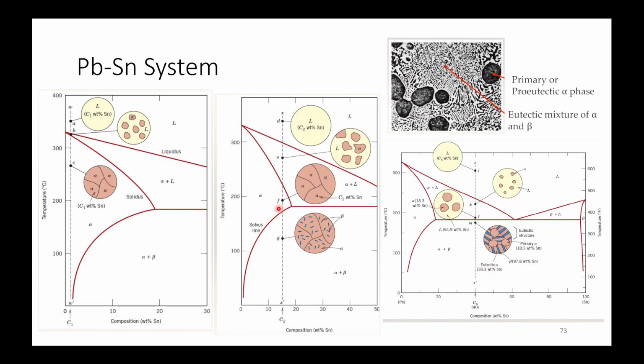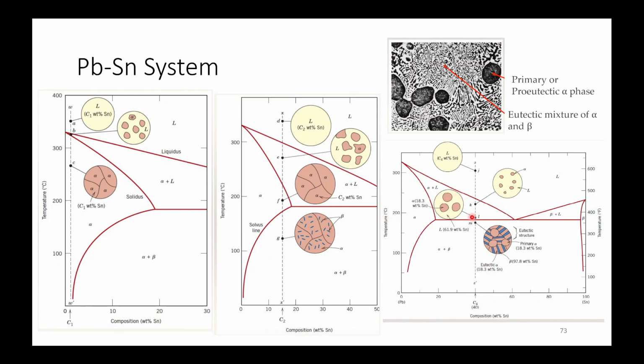If you take it into the solvus line region, then below the solvus you will see precipitates of beta forming. Here the eutectic reaction won't occur, you will get beta in the form of precipitates.